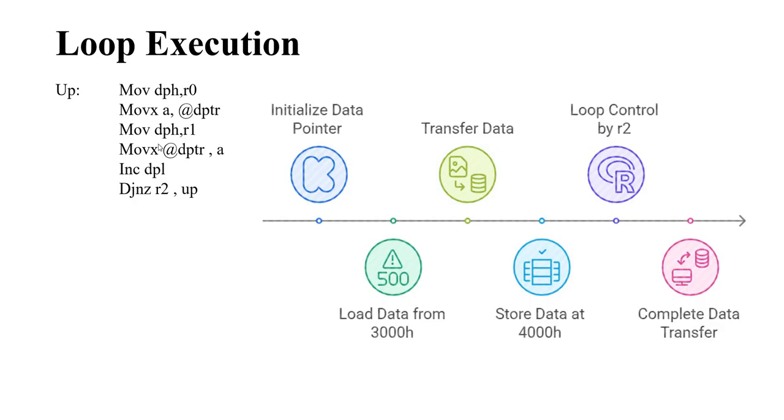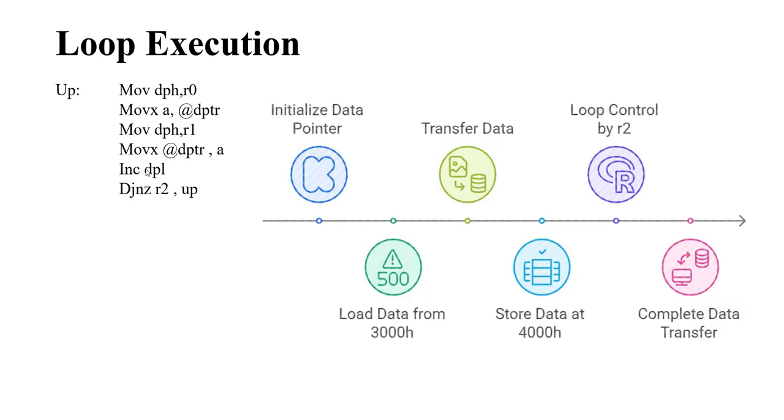Then MOVX at dptr comma A. This instruction will write the byte stored in the accumulator A to the external memory location pointed to by the data pointer, 4000H. So here the data is being transferred from 3000H to 4000H.